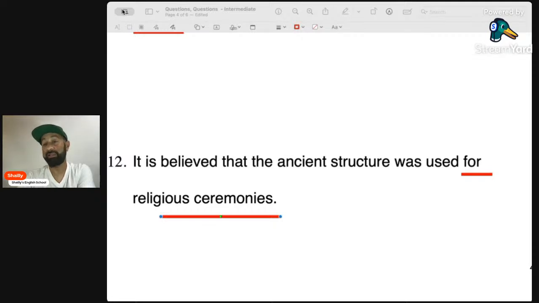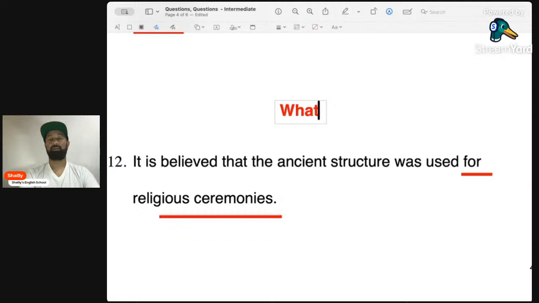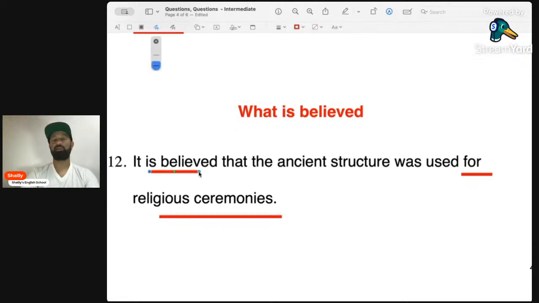Okay, this is also going to be a very complex sentence, a very complex question. So I'm going to go what here? What is believed? Because I'm using the same words.